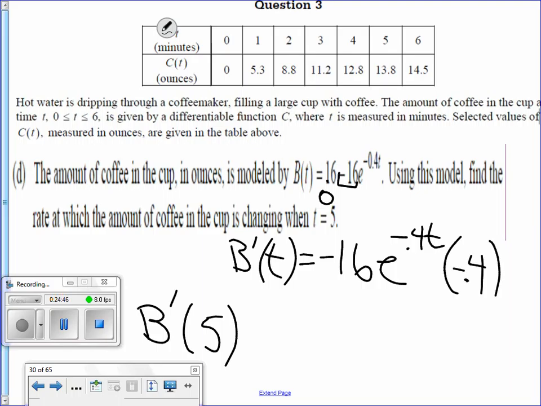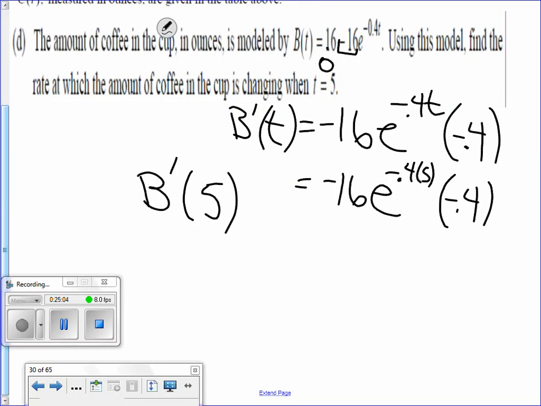Now we just have to plug in 5, and we've got it. So it's negative 16 times e to the negative 0.4 times 5, and then times negative 0.4. You know what 4 times 16 is? 64.